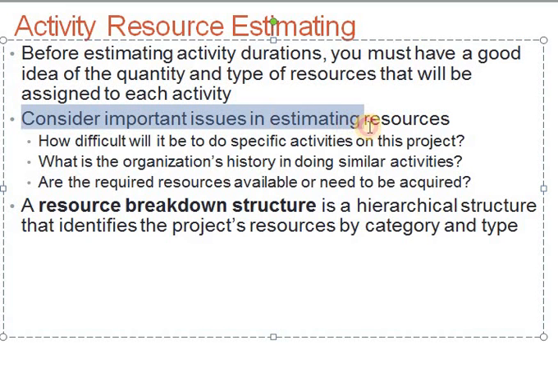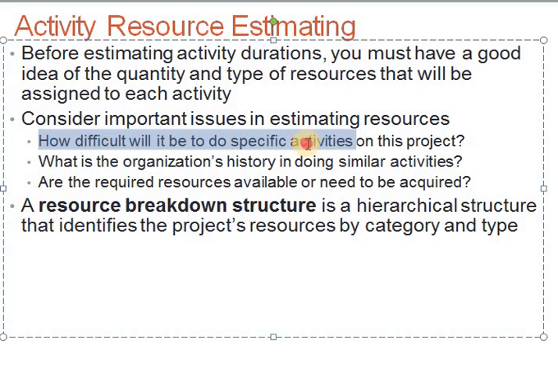Consider important issues in estimating resources. So in order to identify the right amount of resources, you need to consider the important issues before the estimation process, like how difficult will it be to do specific activities on this project.